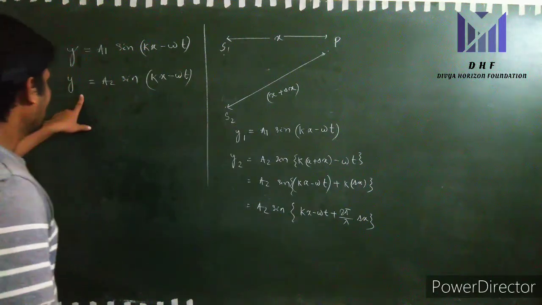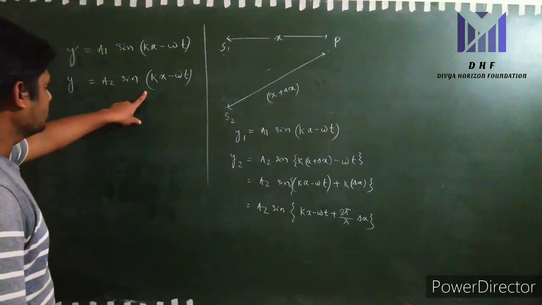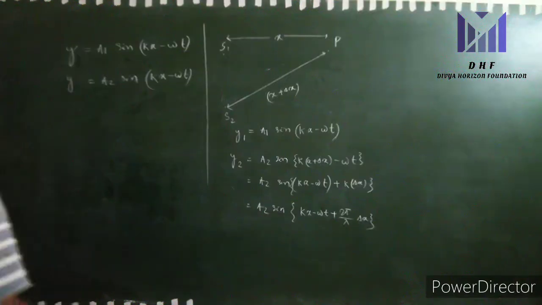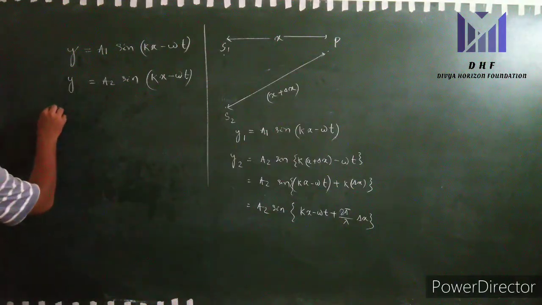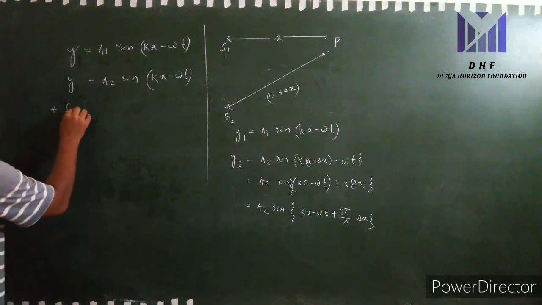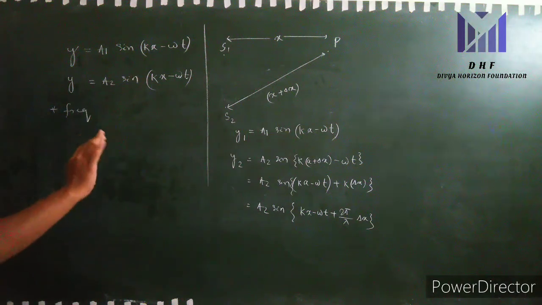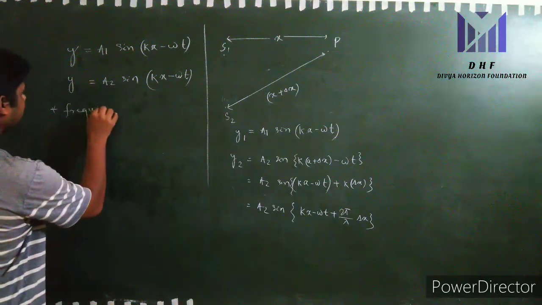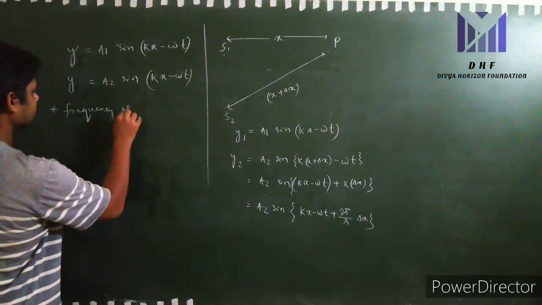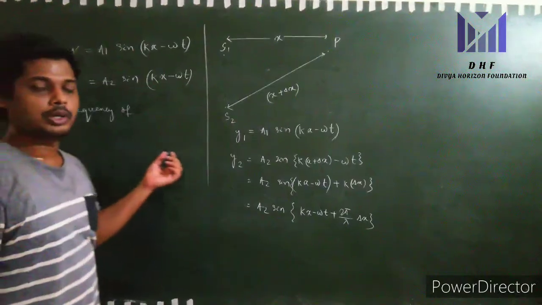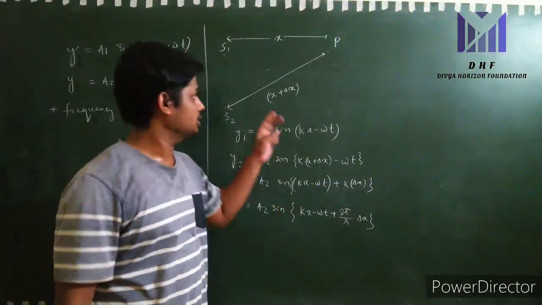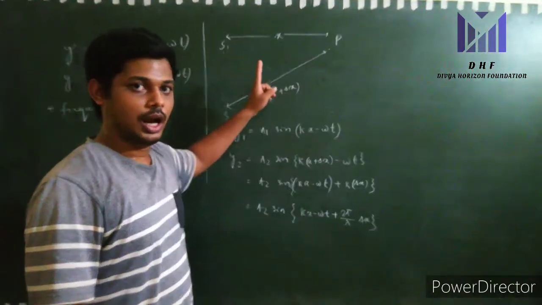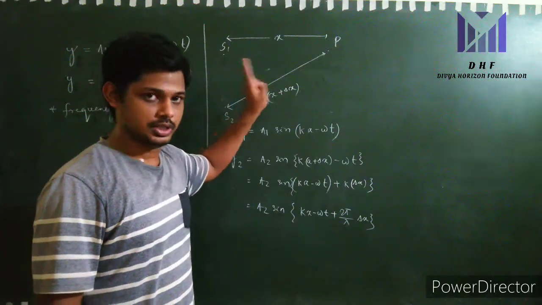Let us take the frequency of the first wave to be constant. It does not mean that the frequency of the first wave will be constant, because this is also a light wave and its frequency will also change.